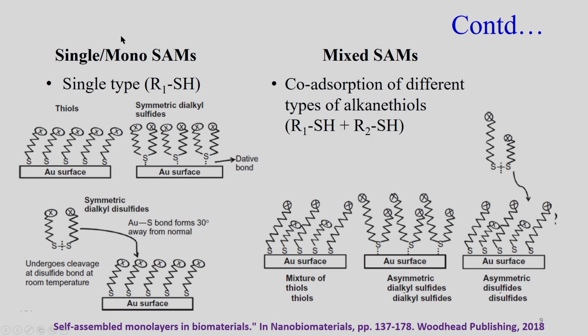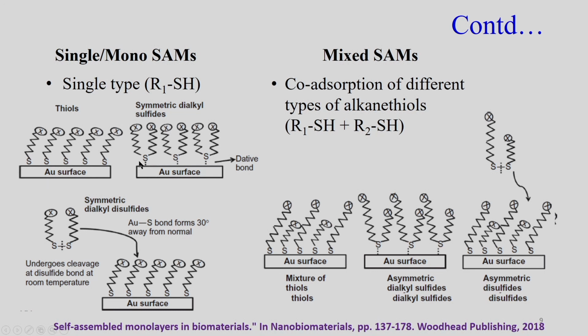Now, here this is the effect, or you can say the influence, of the terminal group. So, if you have only R1, only one terminal group, it is called a single or mono self-assembled monolayer. Like here on the gold surface, you have all X groups. So, it is called the formation of a mono SAM.